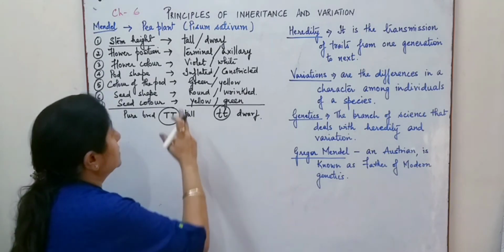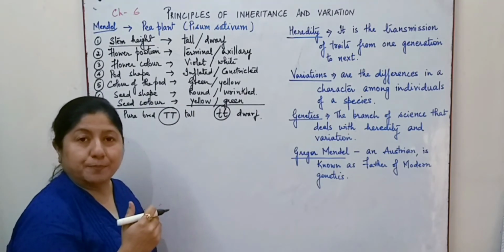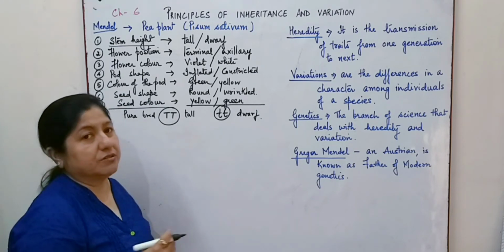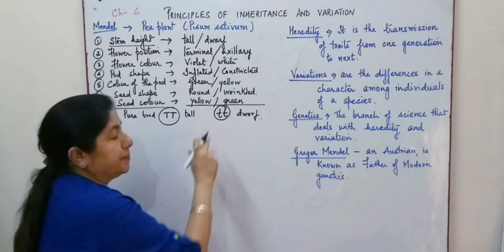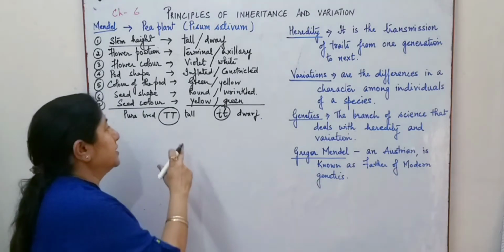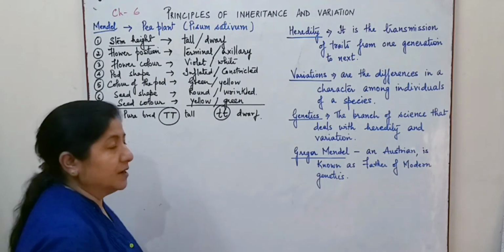What Mendel did was, he continued to self-pollinate the plants for several generations, ensuring that the next generation would be tall and the other one would be smaller. So he continued to breed and he got a purebred tall plant and a dwarf plant.